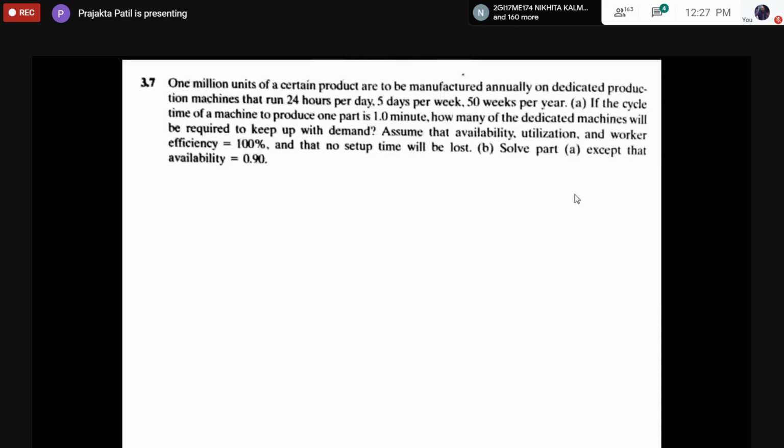If the cycle time of a machine to produce one part is 1 minute, how many of the dedicated machines will be required to keep up the demand? And no setup time will be lost. Also, you have to solve this part A, except that the availability is 90%.